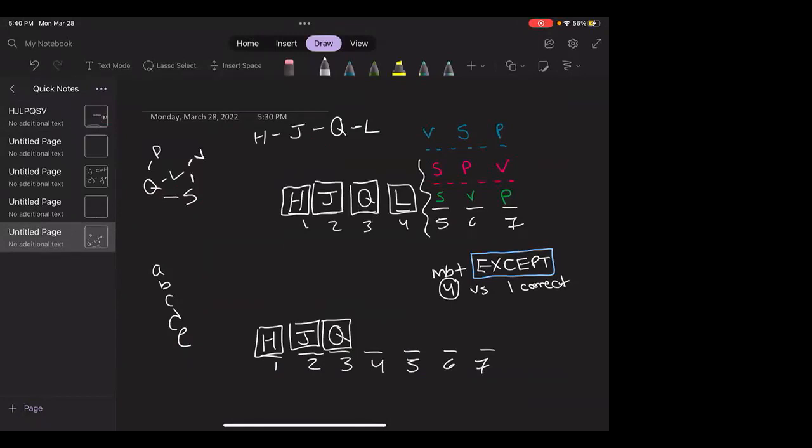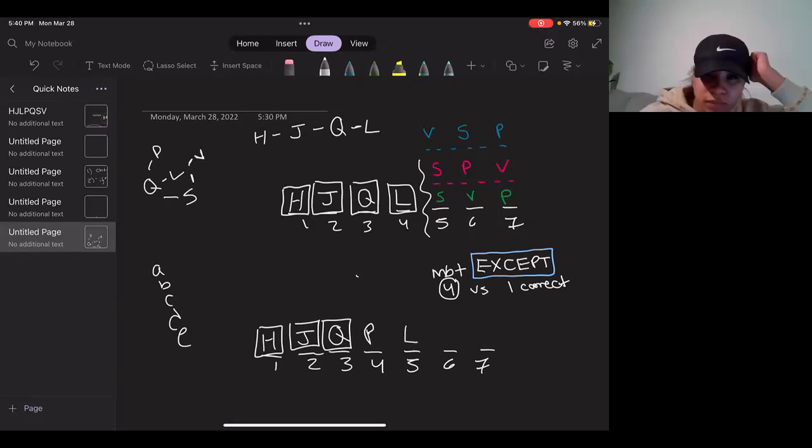And I'm going to show you why. P can go fourth. Q could go, L can go fifth. S can go sixth, and V can go seventh.